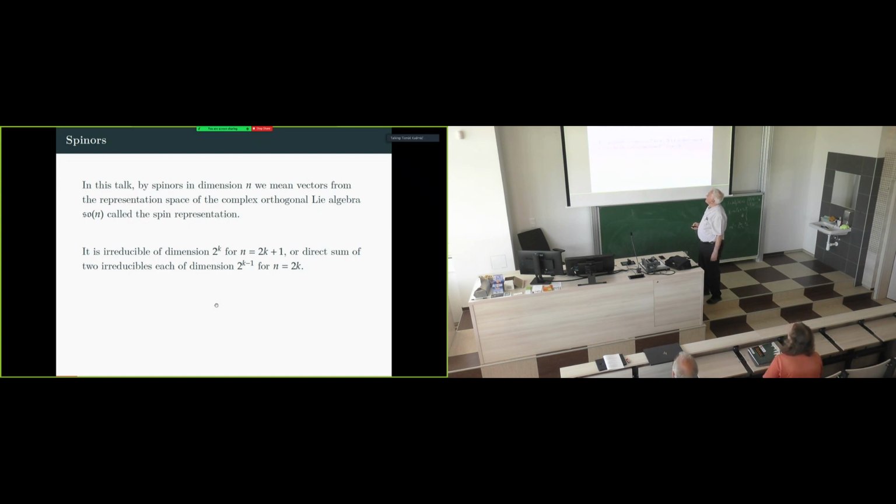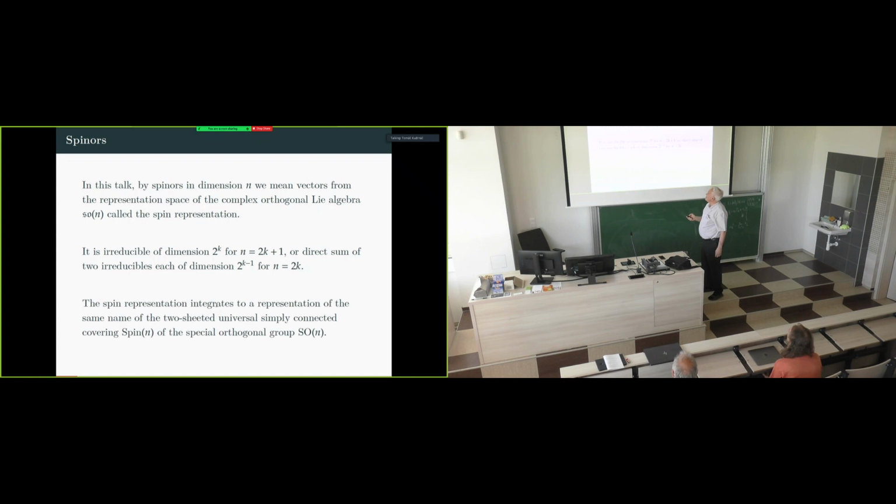It is irreducible in case n is odd, and a direct sum of two irreducible representations, each of dimension 2^(k-1), for n equal to 2k.